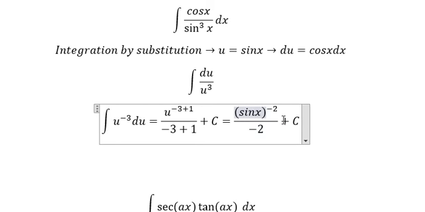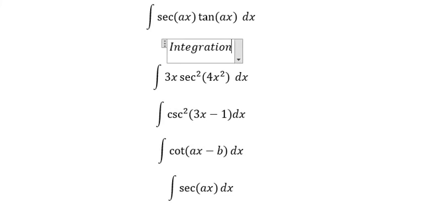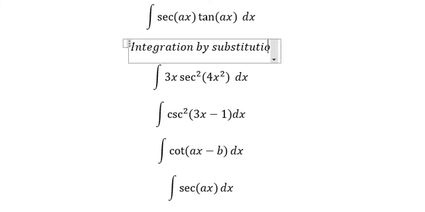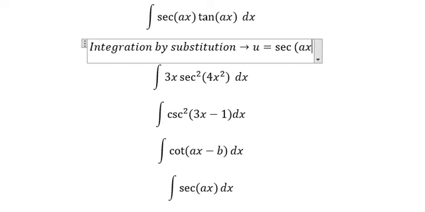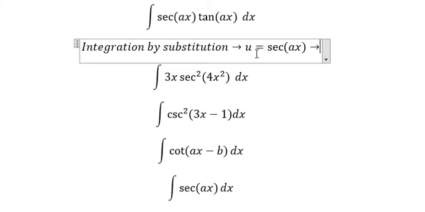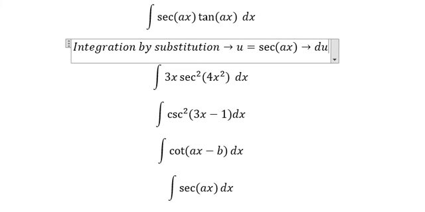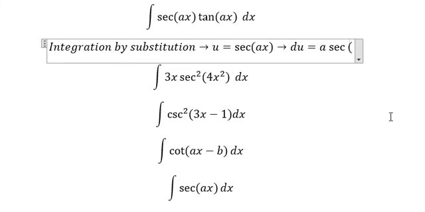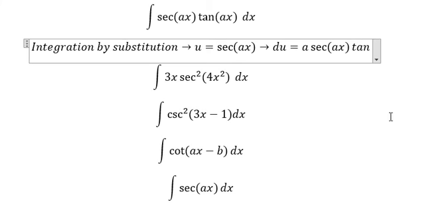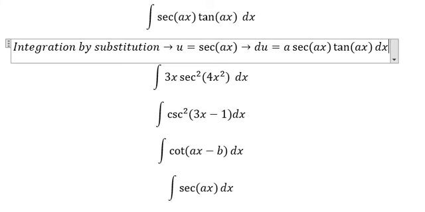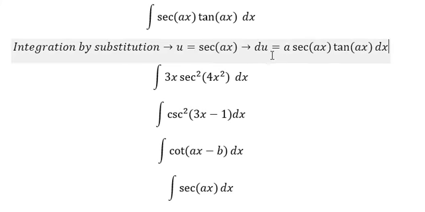The next one, we need to use integration by substitution. So I will put u equal to secant of 8s. So if we do the first derivative for both sides, you got du equal to 8 secant of 8s tan 8s ds. Because we don't have 8 in here, so we need to divide both sides by 8.